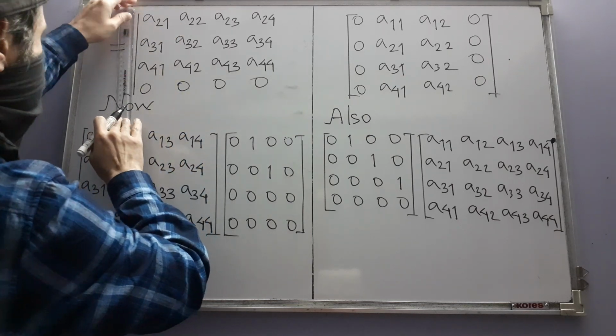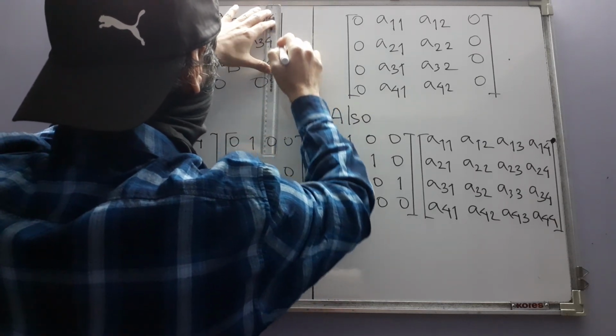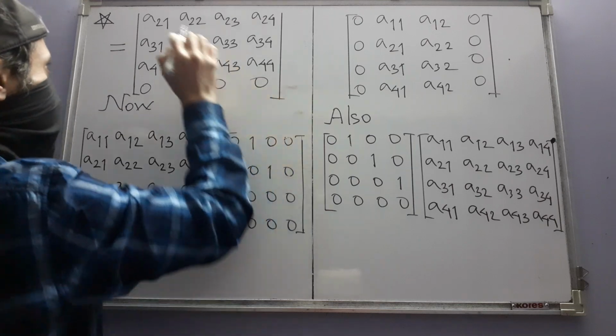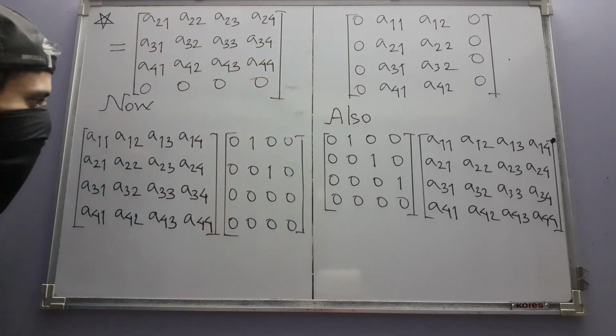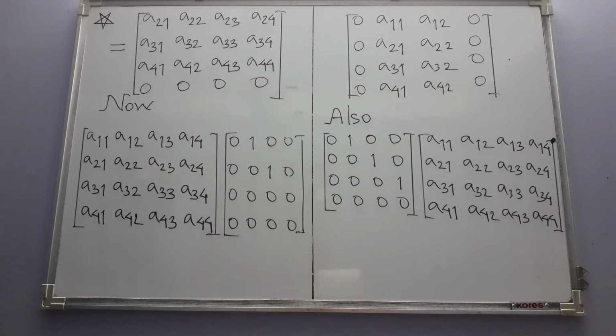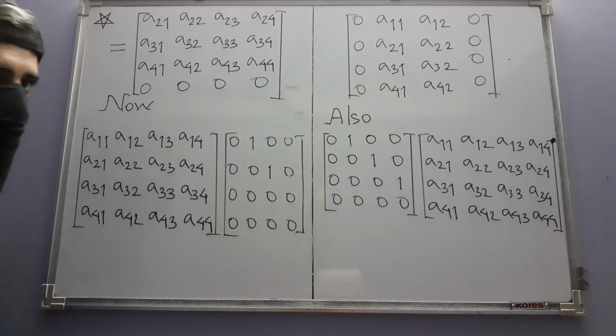Now from these two matrices and the supposition that they are equal, the corresponding entries should be equal. So what are we going to get? We have the two matrices in front of us. This is one of them and this is the other.